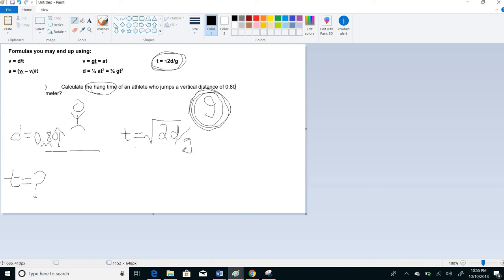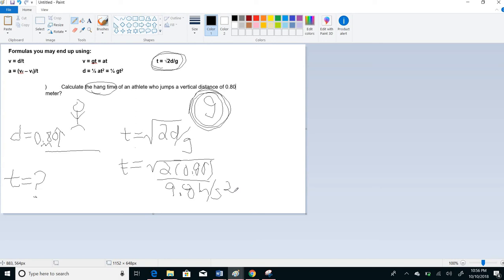divided by G. And if I plug my variables in, because I already wrote those out, I would have 2 times 0.80 divided by, and I usually use 9.8 meters per second squared, because that's what I was taught in school. However, if you use 10, I'm not going to dock you points for that.